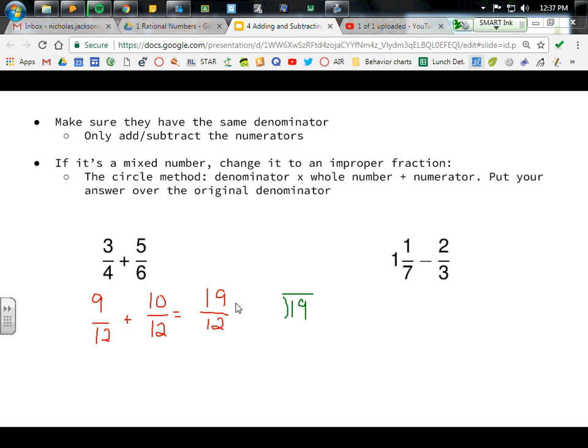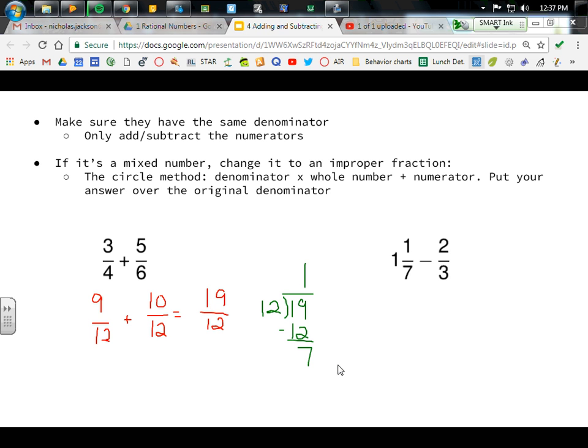So this fraction, 19/12, really just means the same thing as 19 divided by 12. All right, so we set up our long division like this, 19 divided by 12. 12 can go into 19 one time. 1 times 12 is 12, and 19 minus 12 is 7.